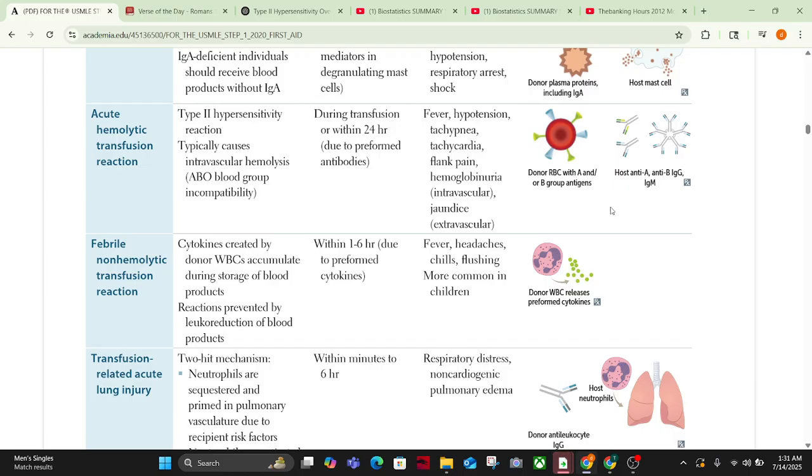So remember how we said there's A and B antigen on the red blood cell membrane here? A and B antigen. So what that means is this person's blood type is AB.